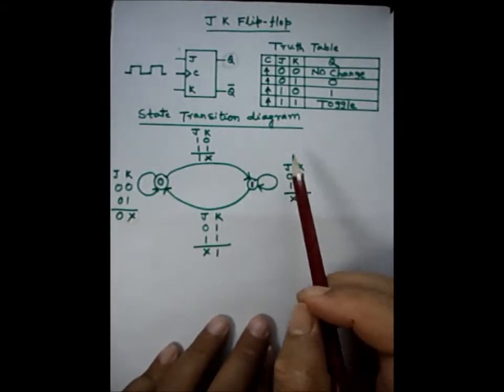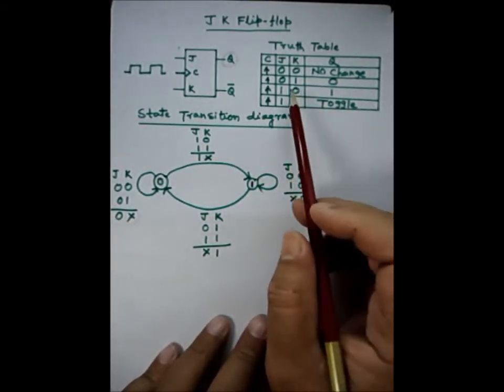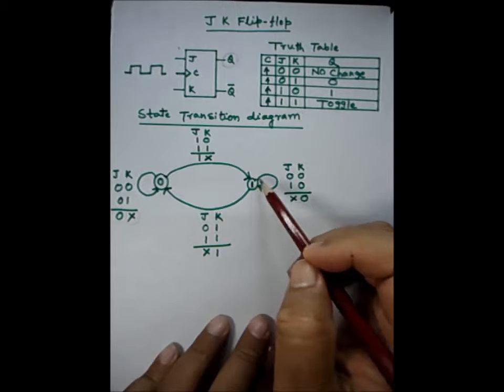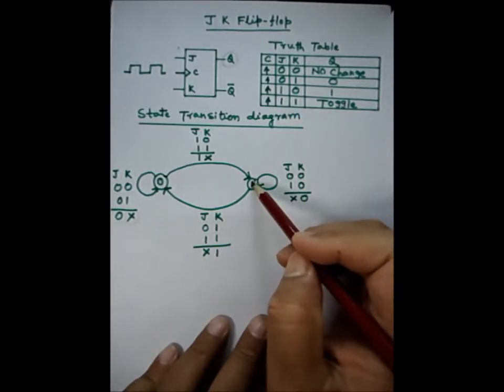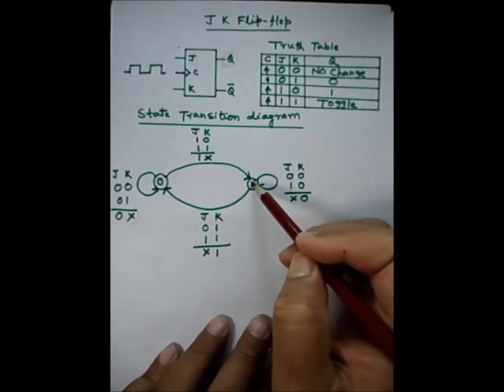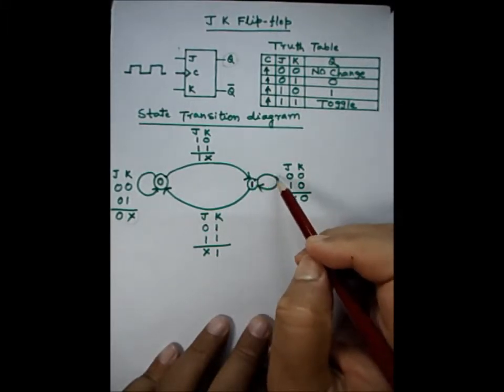And 1, 0: if it was previously 0, it would bring it to 1. But in this case the Q value was previously 1, therefore it remains as 1.